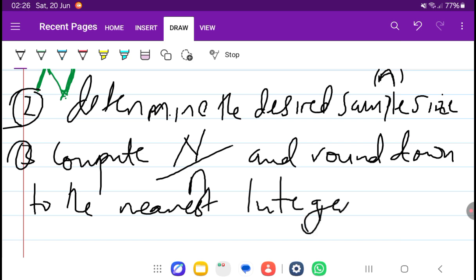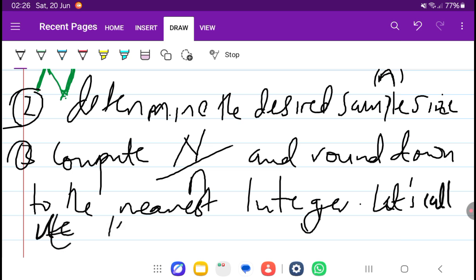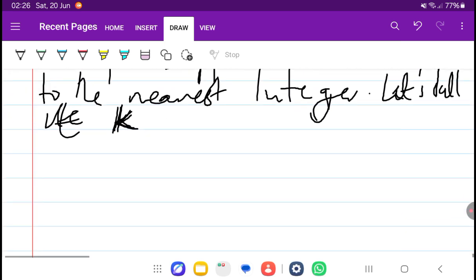We can assume, let's call it k, as just letter k. Now that is the third step.